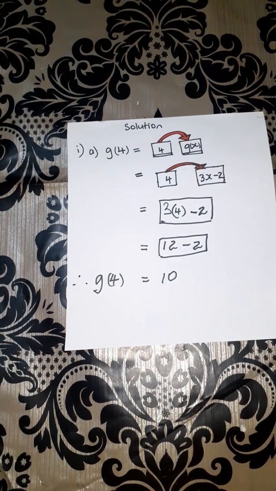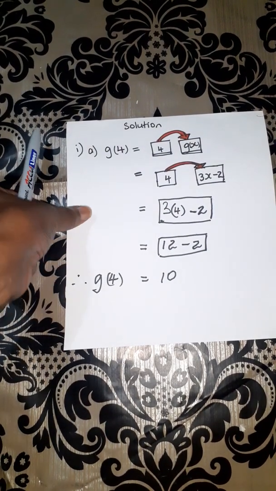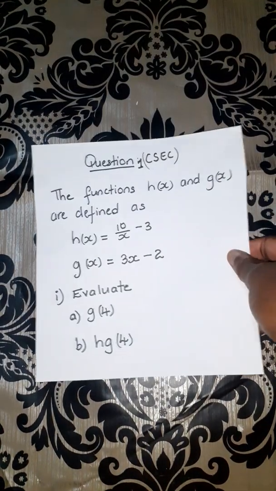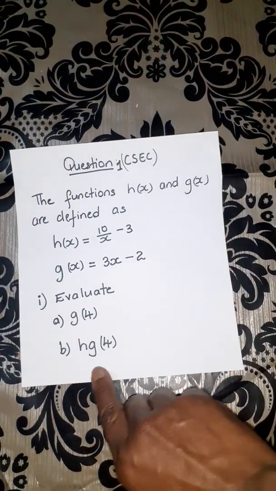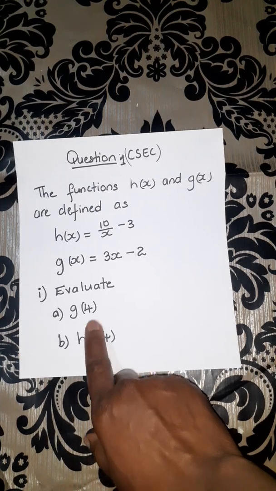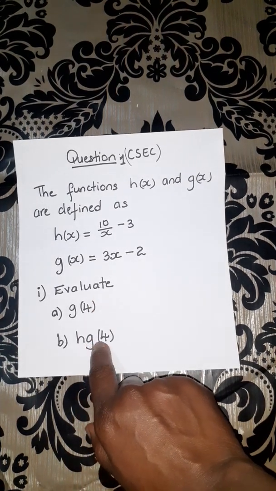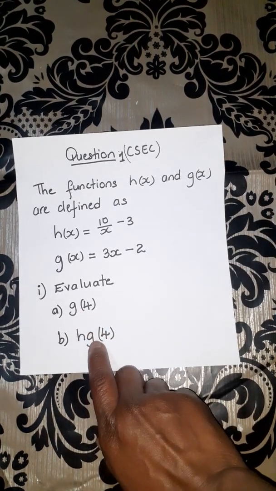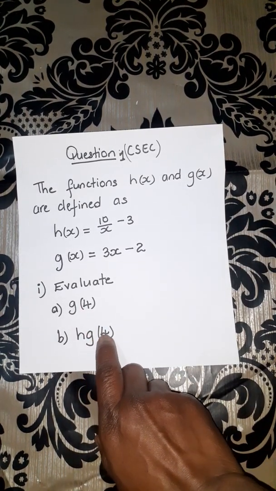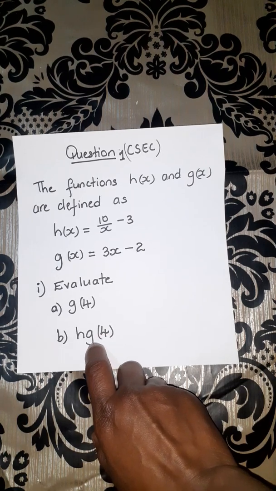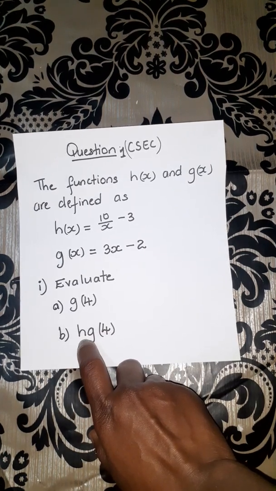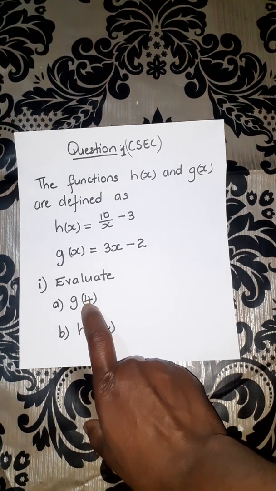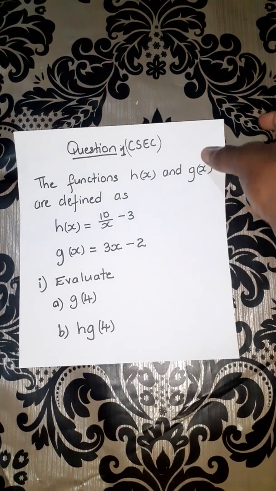Alright. Now pause the video if you need to just look over this. Part B says h of g, we are supposed to evaluate h of g of 4. Now looking at it, we realize that the 4 is going into g, then all of that is going into h. The 4 going into g is the same evaluation from here.